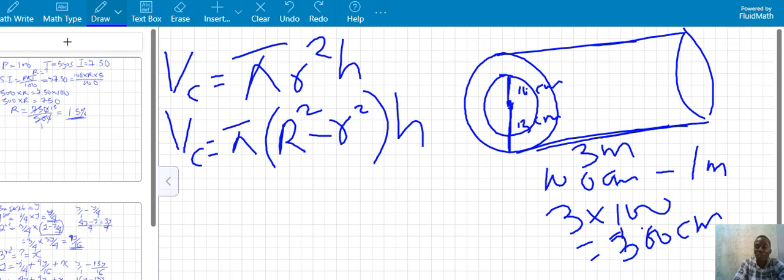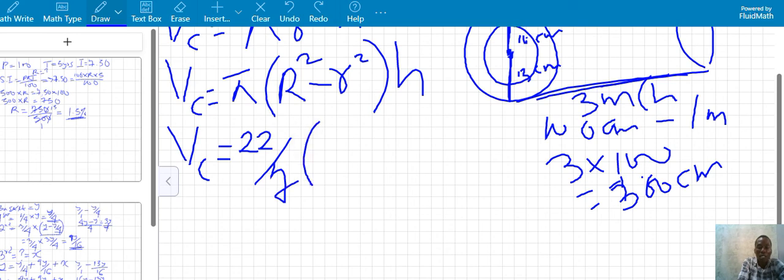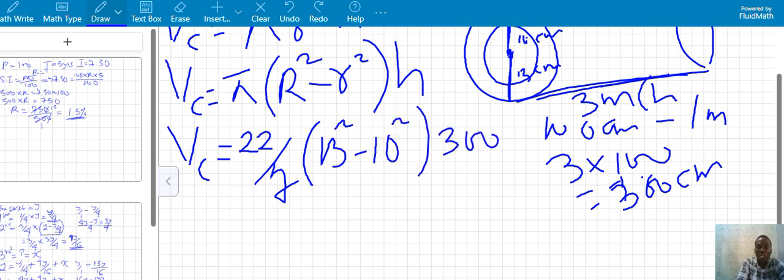times the height, right? So the total volume will be equal to, remember, the length, which is the h, is 300 centimeter. So this will give us 22 over 7 into bracket, the larger radius 13 square minus 10 square, times 300, which is the height.